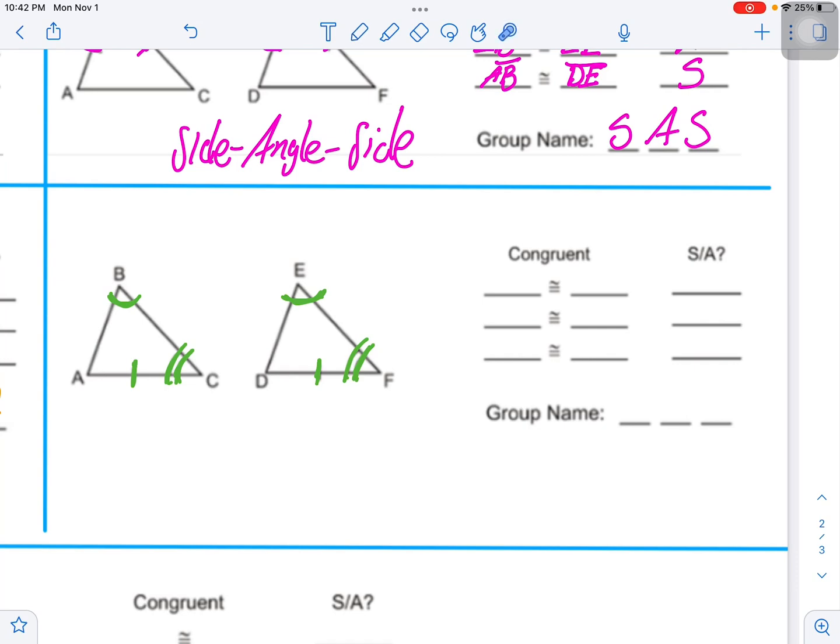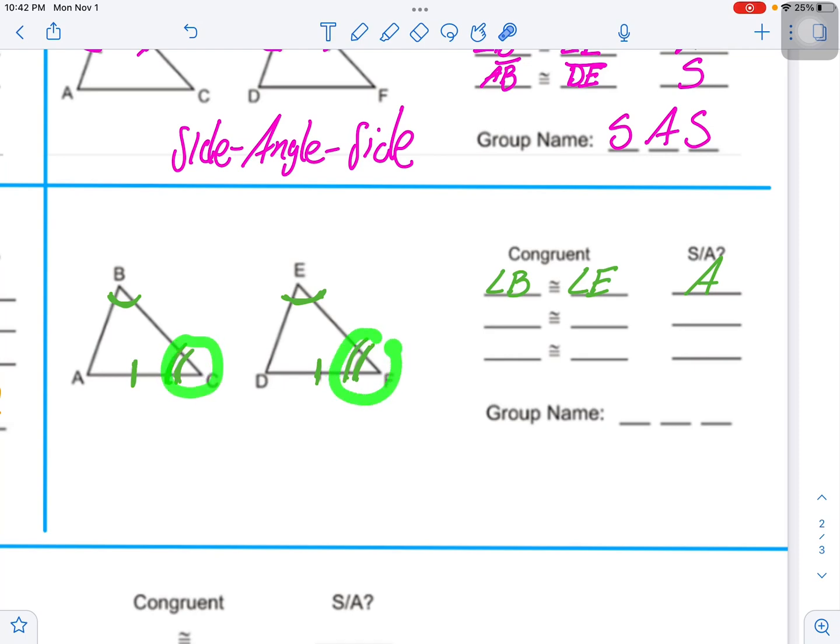So typically let's start with our single angle. Angle B is congruent to angle E, and that's an angle.